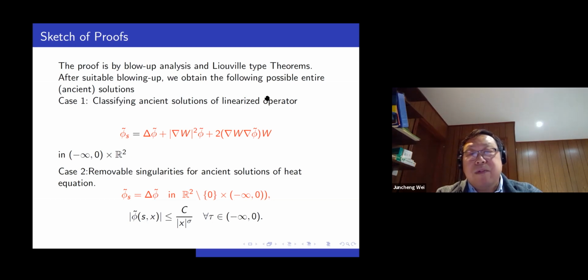And then after blow-up away from the singularity, you're going to get a removable singularity problem for the ancient solution for the heat equation. So you're going to arrive at a heat equation with some singularity, and you need to show that this singularity is removable.